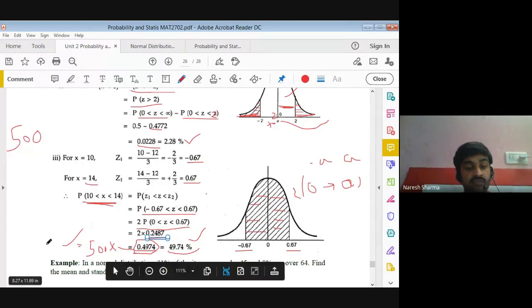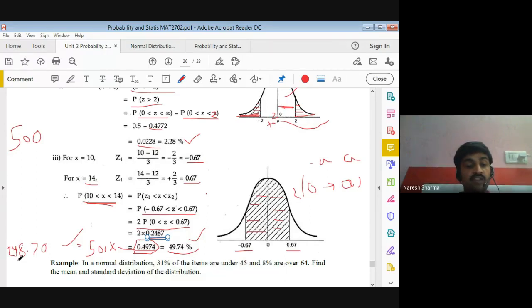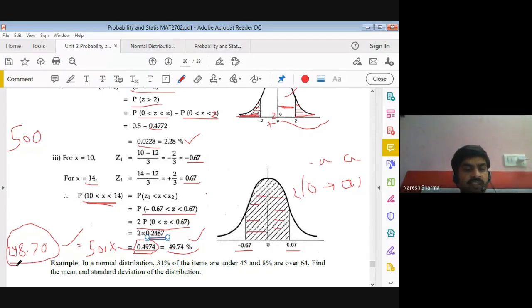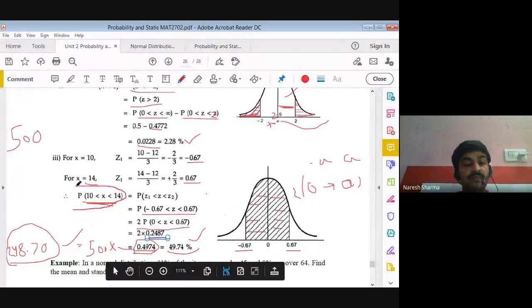That is something like 248.70, that means you put 248 bulbs, because a bulb may be full, never half. So we consider the left side value only, so that is 248 bulbs of life between 10 to 14 hours, when the number, or you say frequency, is given.